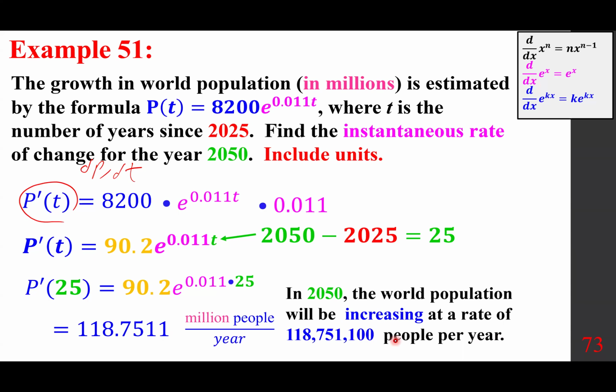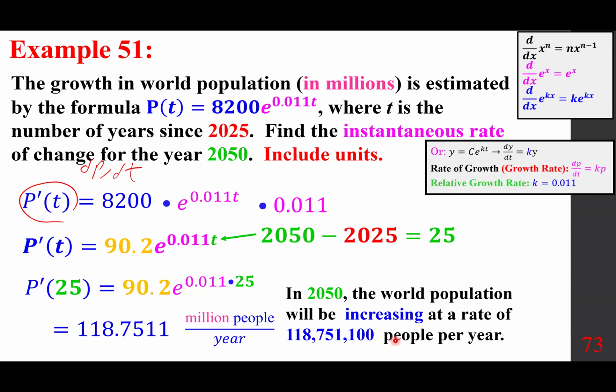I want to add a couple of things here. Remember, y equals c e to the power of kt, and dy/dt is ky. The rate of growth, or growth rate, is dP/dt, which is k times P. Remember, what is k here, everybody? 0.011, the relative growth rate.